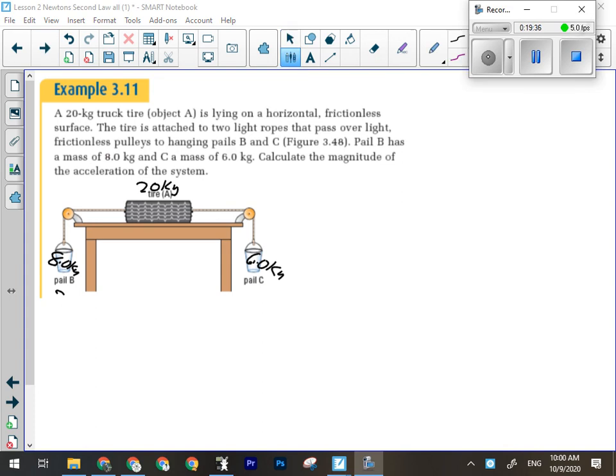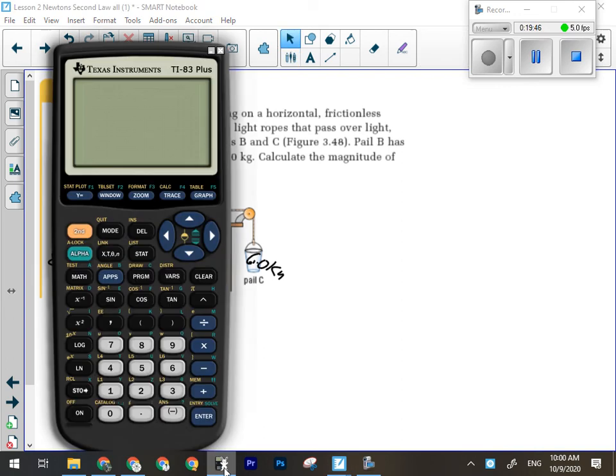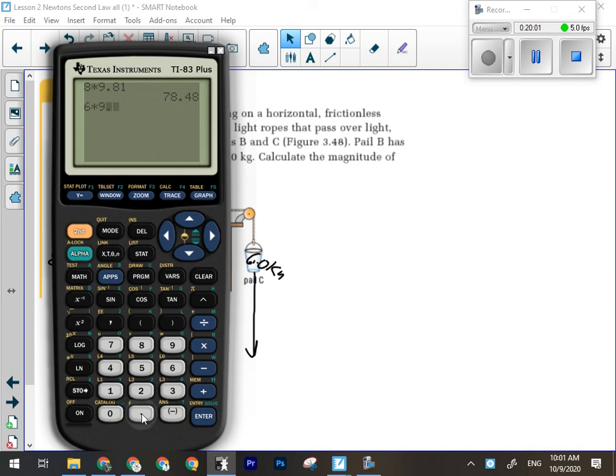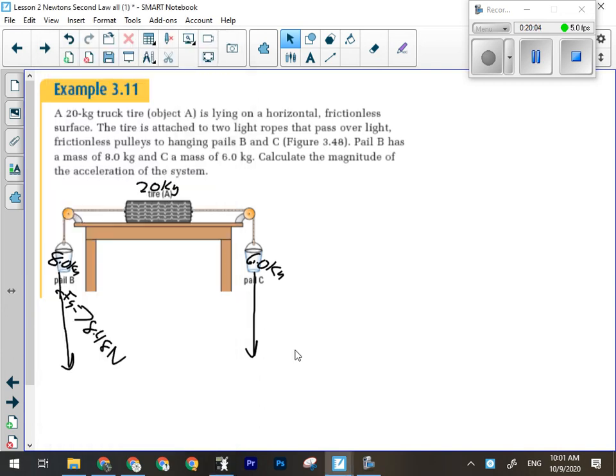Here. Okay, so what are the forces that are acting in this system? Gravity, yeah, in two different places. All right, so we're going to have force of gravity here on the first pail. That'll be 8 times 9.81, so 78.48 newtons, and we're going to have the force of gravity here. 6 times 9.81, so 58.86 newtons.